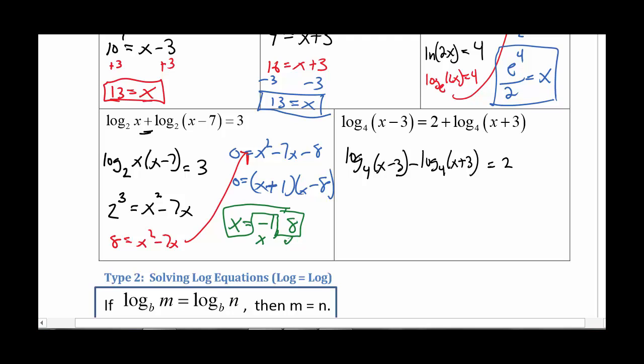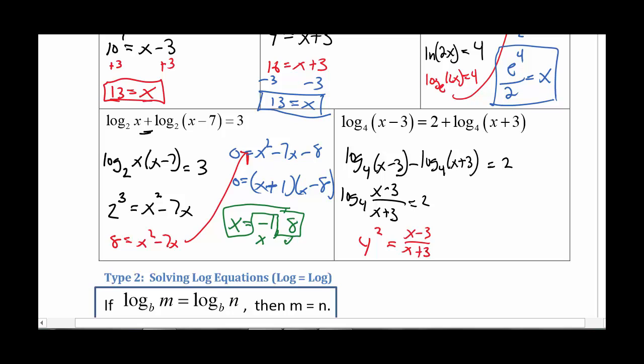And now that I've got the logs on the same side, I can condense this. So log base 4 of, since we're subtracting, that means we're going to divide inside the log. So that's x minus 3 over x plus 3, all of which equals 2. Okay, so now I've got it down to a single log, and I want to convert forms. So I need the base, in this case 4, raised to the second power, equals that lovely fraction.